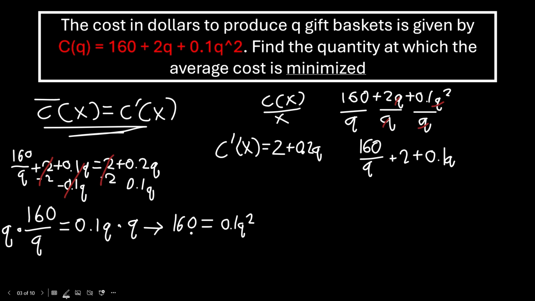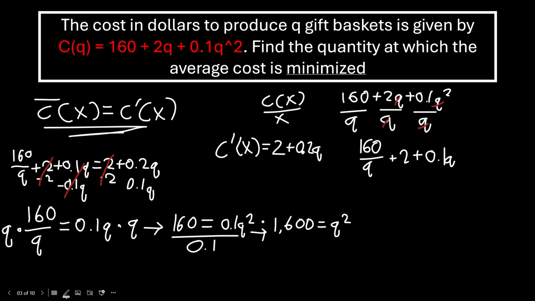So our real second to last step, we then divide both sides by 0.1 to get 1,600 equals Q squared.